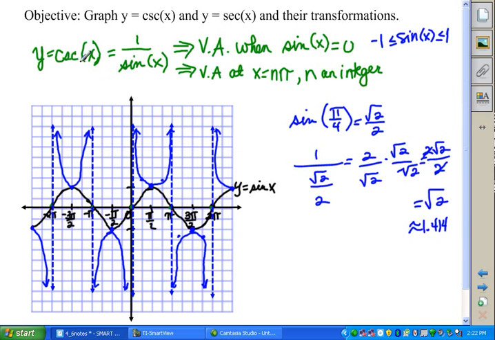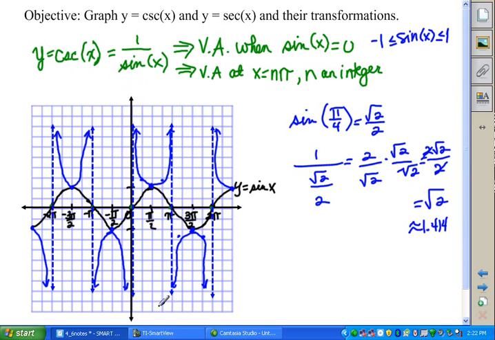Okay, and remember that sine is an odd function, so cosecant is an odd function. That is, the graph is symmetrical with respect to the origin. Okay, so this is the basic graph of cosecant x.